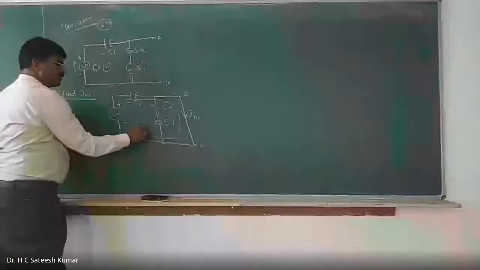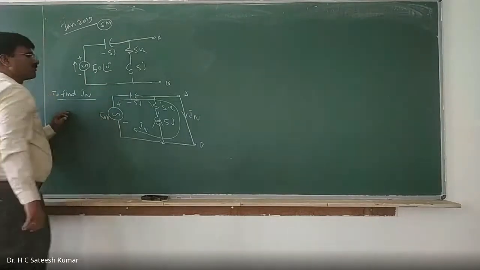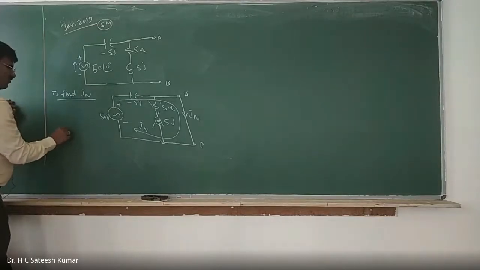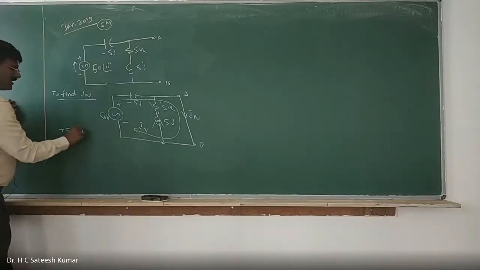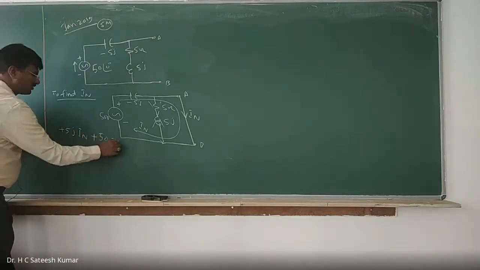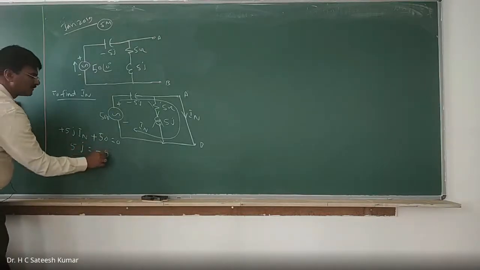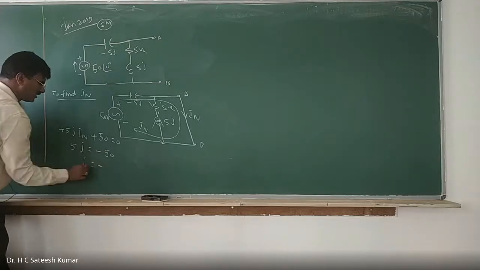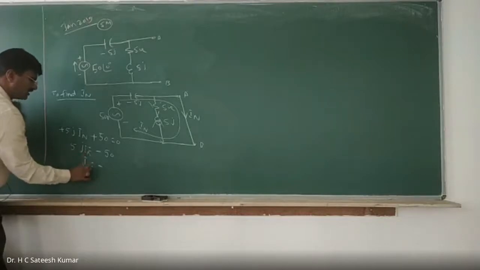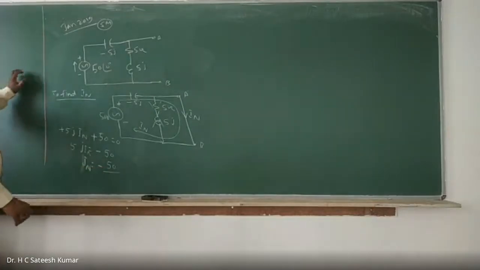This loop current itself, we call it as IN. And 50 at an angle of 0 is 50 volts. So, same direction, minus of minus is plus 5J into IN plus 50 is equal to 0. So 5J IN is equal to minus 50. Therefore, IN is equal to minus 50 divided by 5J.